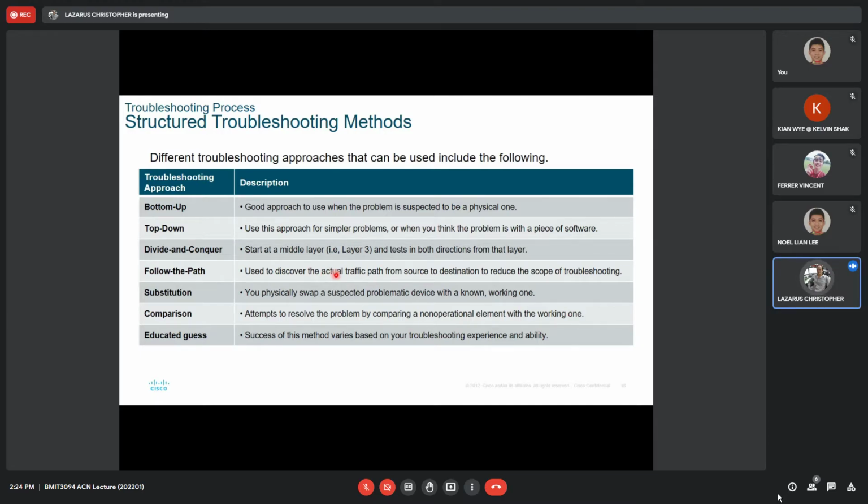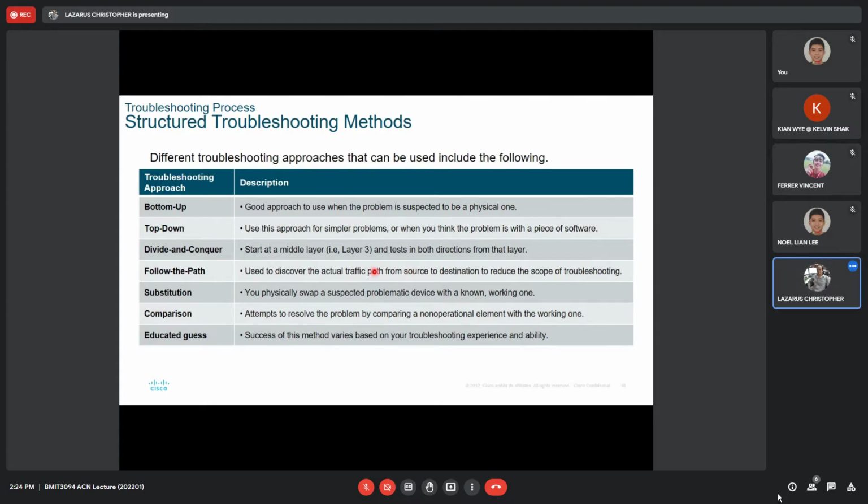Then from there you go into the Cisco switch, run show commands and check against your documentation, to see any changes. Follow the path means from the source to destination, you follow until you find a block, a place where the traffic is stopped.